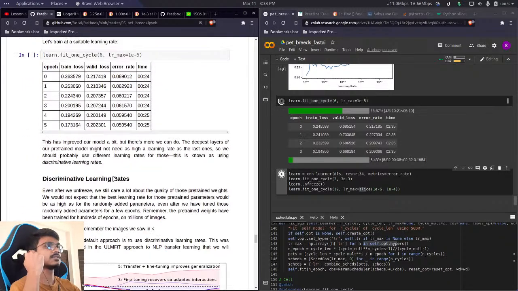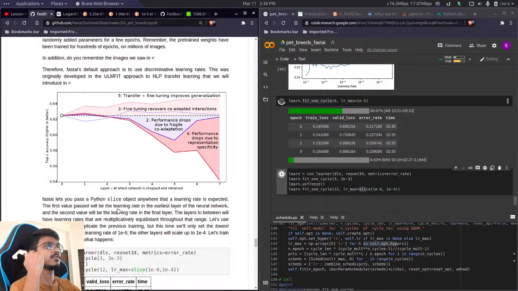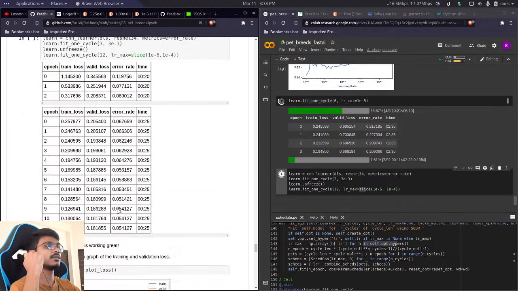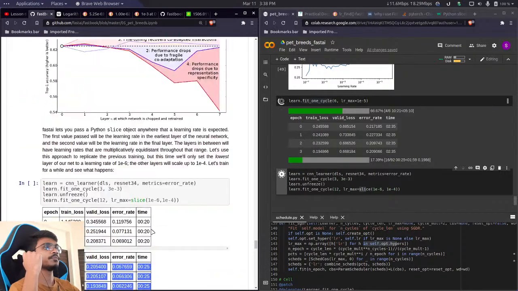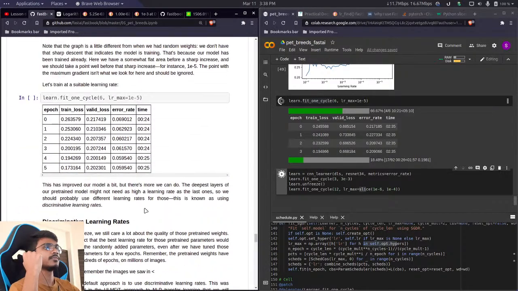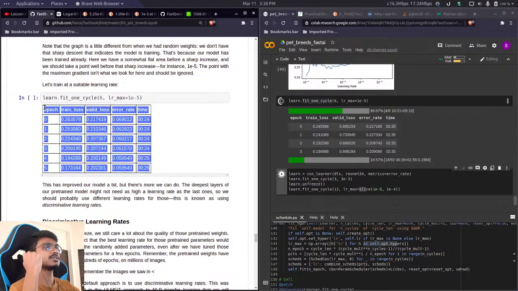I guess it was 0.059, and it is 0.054. But in this case, we are also training it for 12 epochs instead of only 6 epochs.